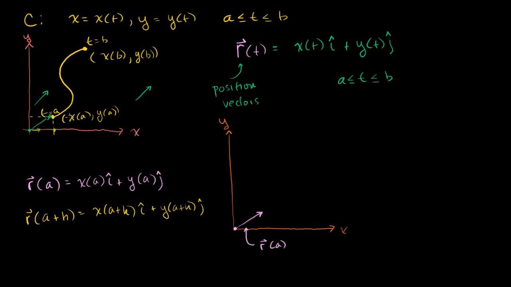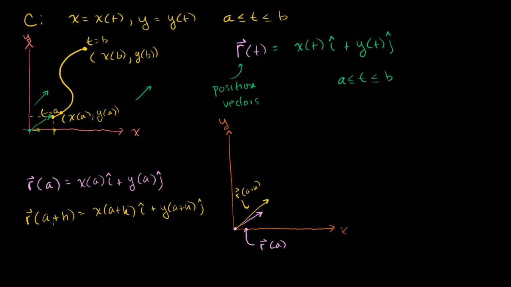That's like saying the coordinate x of a plus h and y of a plus h. It might be that point right there. So it'll be a new vector, a position vector, not a unit vector. These don't necessarily have length 1. It might be right here, just like that. So that right here is r of a plus h.